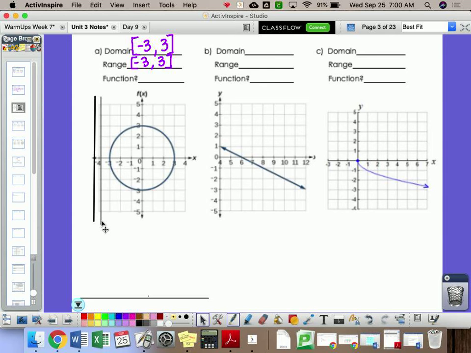So when I start to drag that line across, I can see already I am hitting my graph here and here in 2 places. So that tells me that this is not a function.